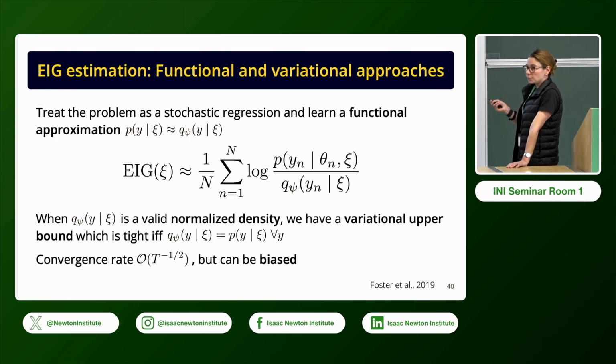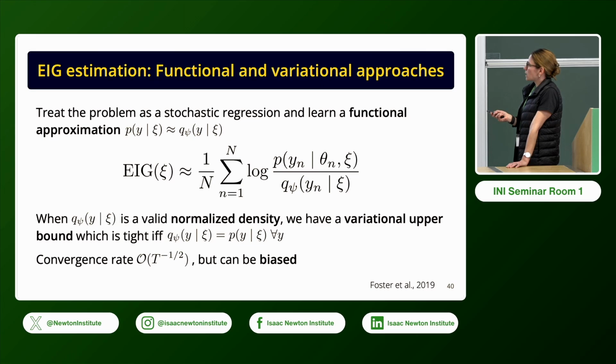Now, instead of estimating the marginal distribution every time, what we can do is learn a functional approximator to this marginal, right? So we're going to have a parameterized function Q that we can plug in the denominator and evaluate, and get an estimate of the marginal immediately without resampling.